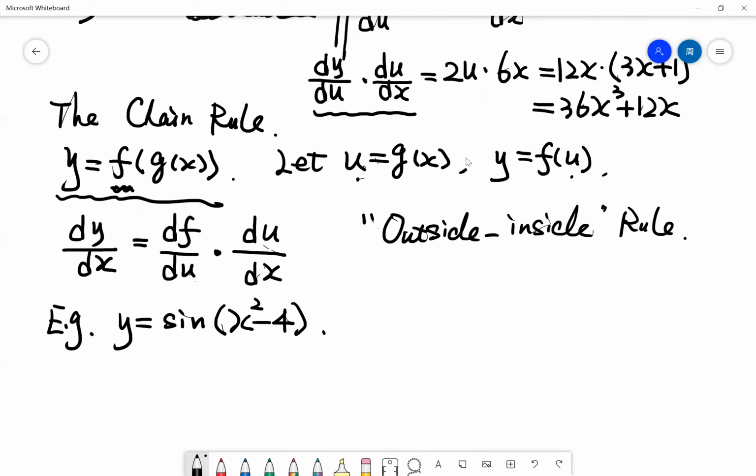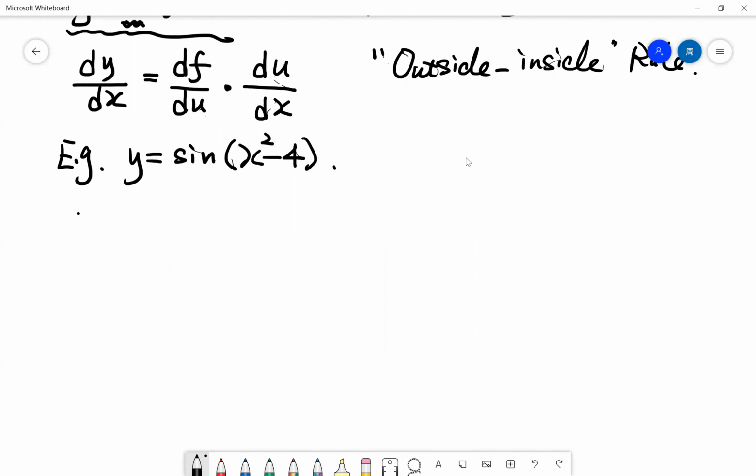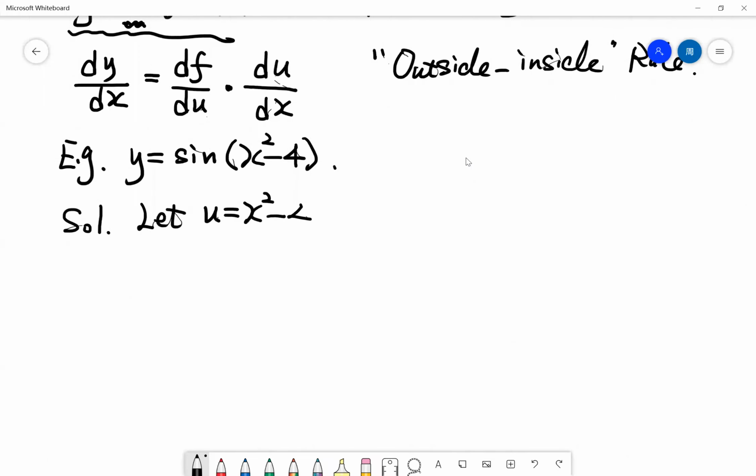If I want to solve this question, first we let u equals x squared minus 4. And then y equals sine u, right?